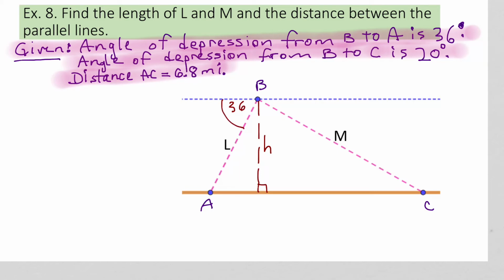And then we're told that the angle of depression from B to C, so at B, looking down to C, I'm going to rotate through this amount here, and we're told that's 20 degrees. All right, and we're also told that the distance AC is 6.8 miles. So AC is 6.8 miles.